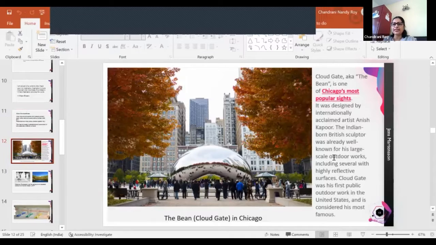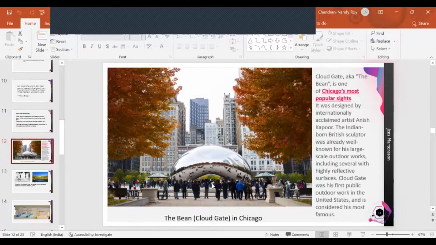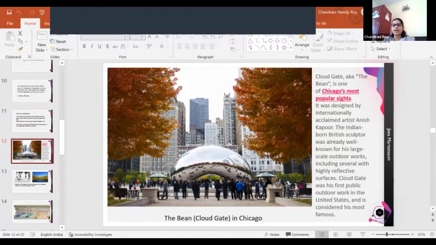He is an Indian born British sculptor, and he has used a reflecting surface to make this huge piece of art. So our knowledge of the sciences also goes hand in hand with art. Cloud Gate was his first public outdoor work in the United States, and is considered one of his most famous exhibits. So this is an example of how reflecting surfaces are used as a work of art.